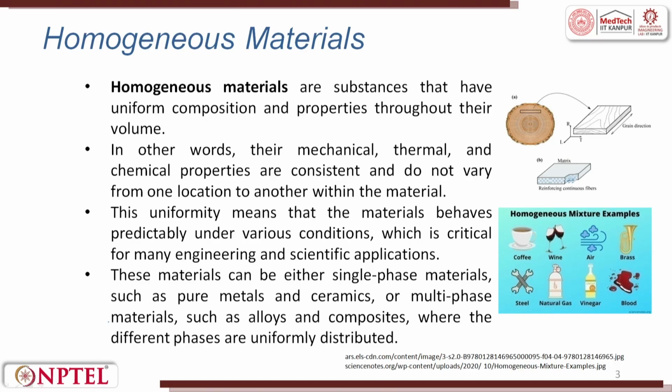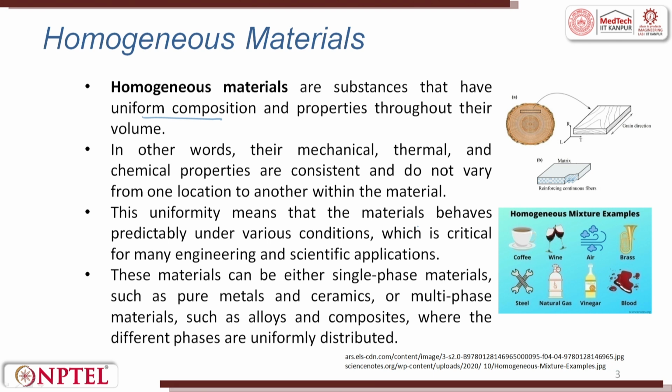Homogeneous materials are substances that have uniform composition and properties throughout their volume. In other words, their mechanical, thermal, chemical composition are consistent and do not vary from one location to another within the material.